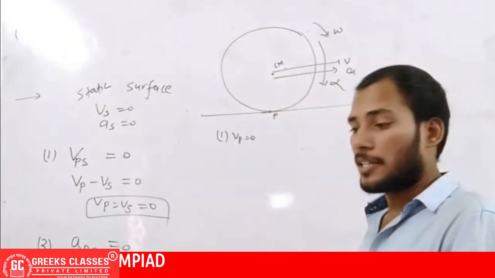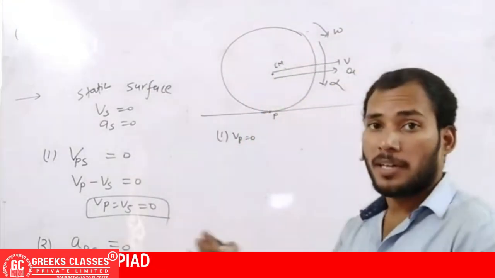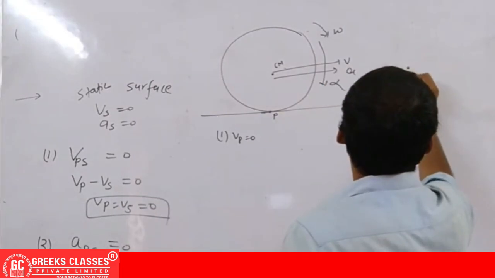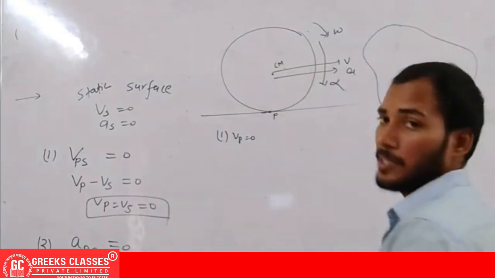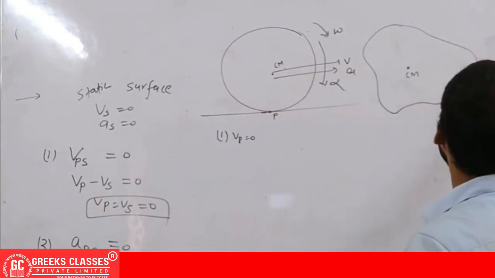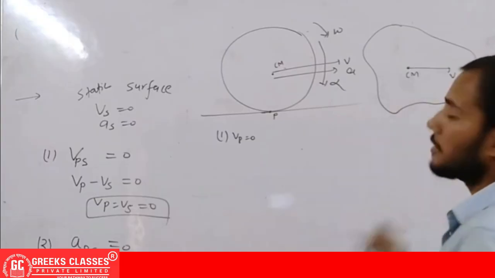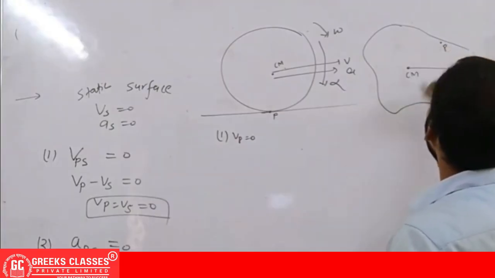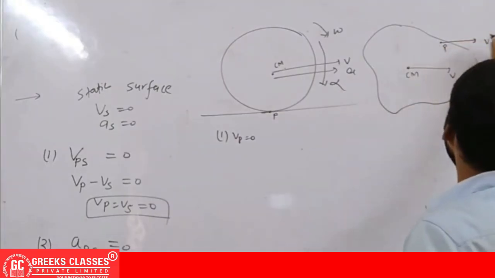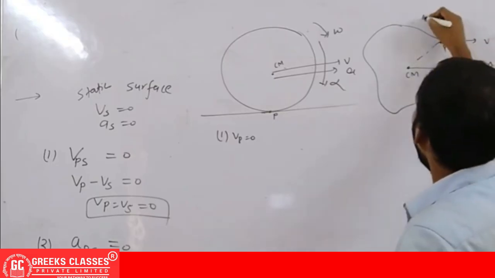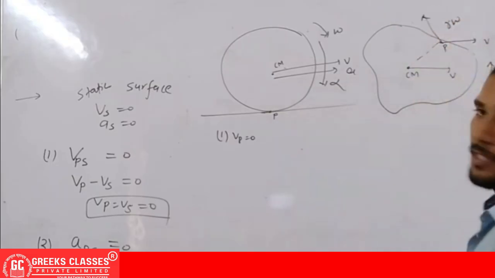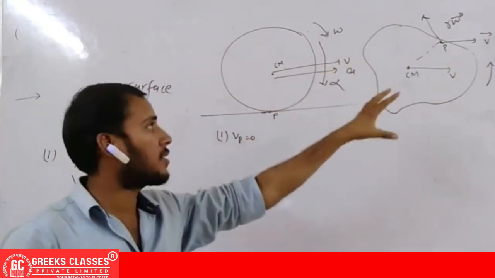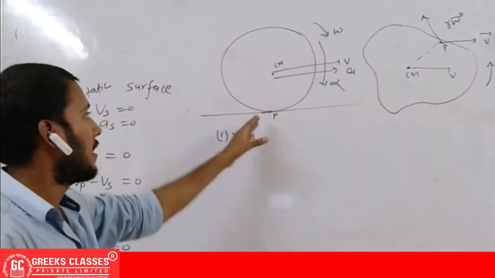When a body has combined rotation and translation, all of us have already studied how to find the velocity of a point P. If this is the center of mass and this is the body, the whole body is moving with omega and the center of mass is moving with translation velocity V. Let us assume this point to be point P. The velocity of point P is written as the V vector in this direction and the R omega vector in this direction, and together that is the complete velocity of that point.